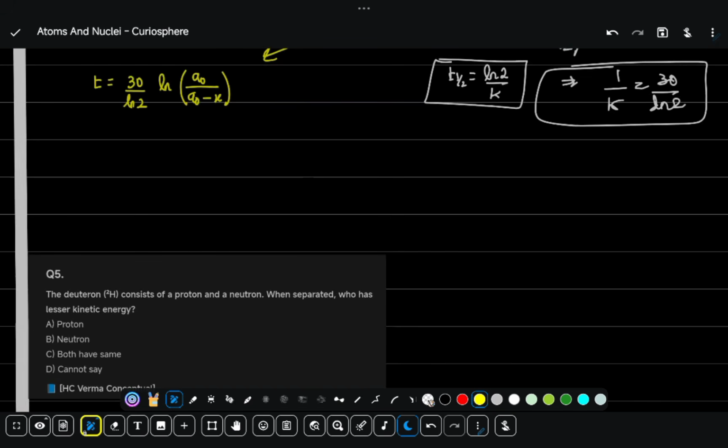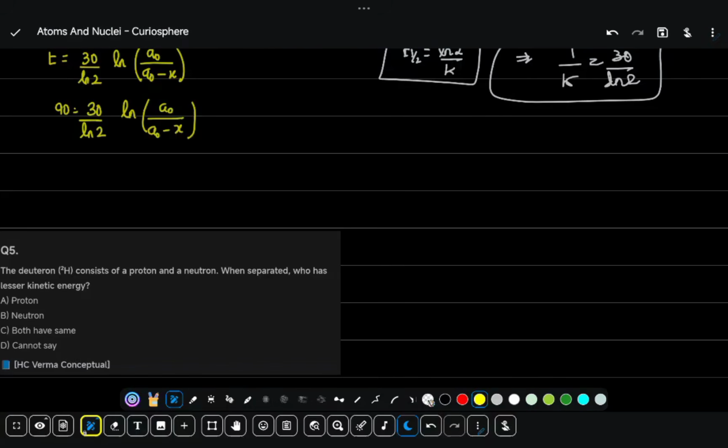Right, now what is given as t is 90 minutes. 90 equals 30 by ln2 times ln a naught by a naught minus x. Now you cancel the 30, 3, right? You get ln a naught by a naught minus x equals 3 ln2.